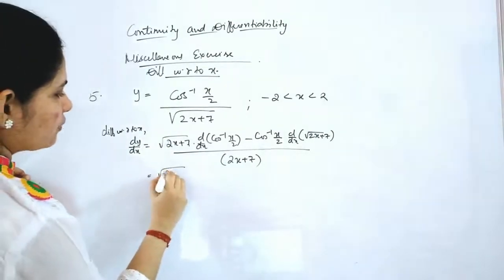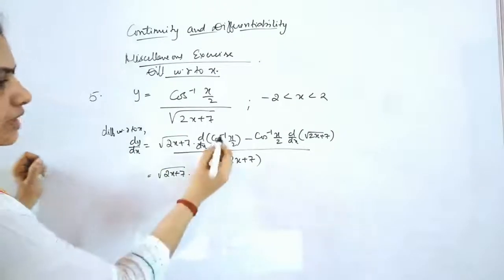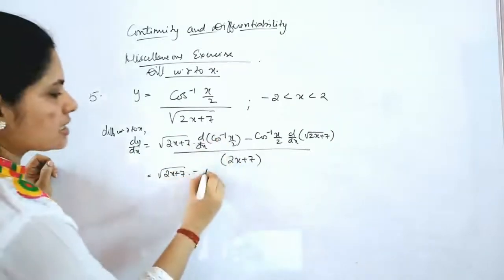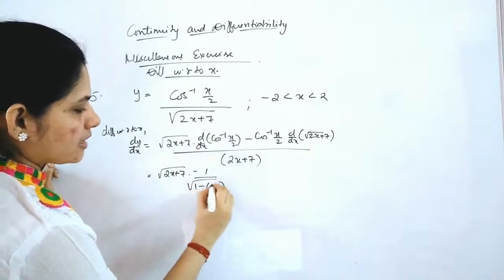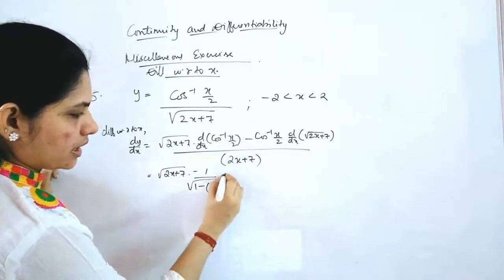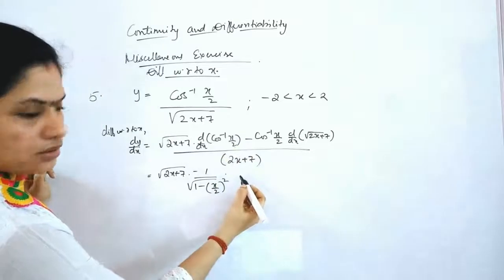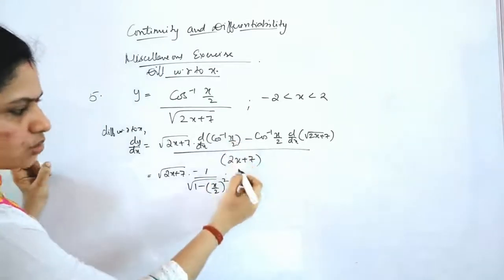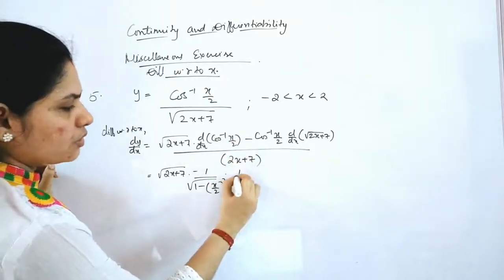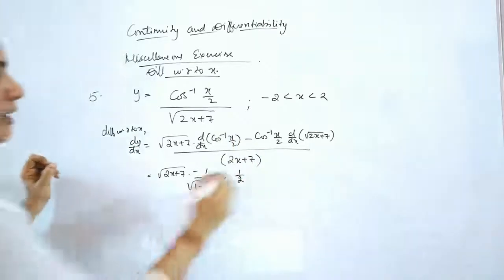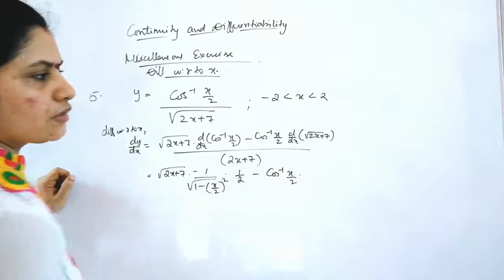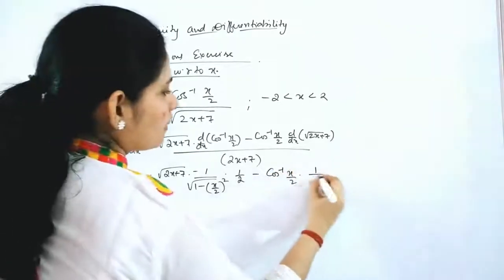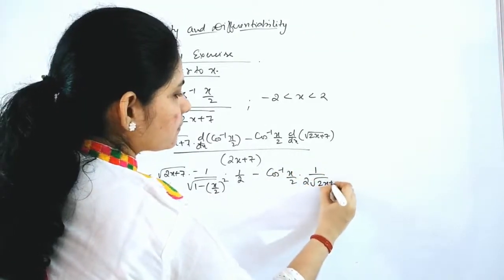so you have root of 2x plus 7 into derivative of cos inverse, which will give you negative 1 by root of 1 minus x by 2 the whole square, into derivative of x by 2, since you don't have just x here. Derivative of x by 2 will give you 1 by 2. Okay. Minus cos inverse of x by 2 into, now derivative of root of something will give you 1 by 2 root of that.